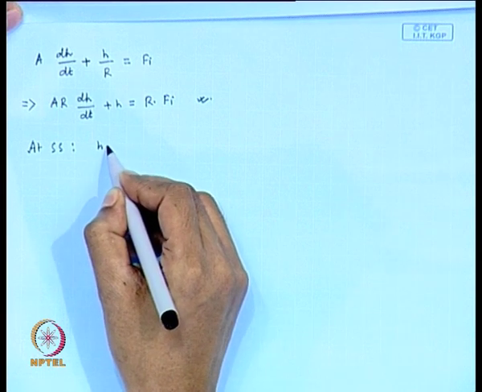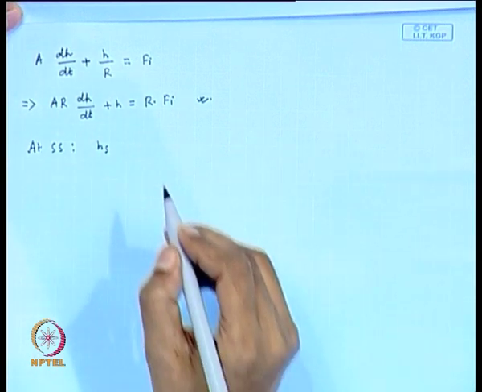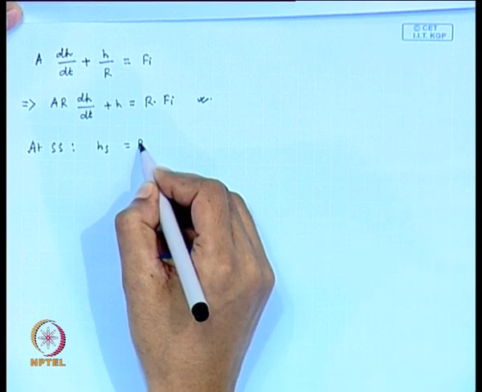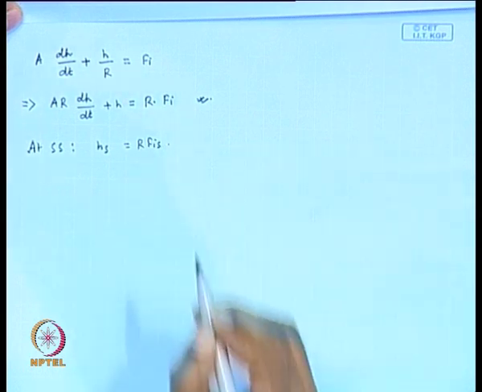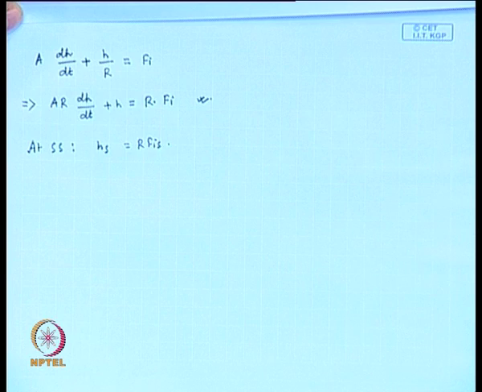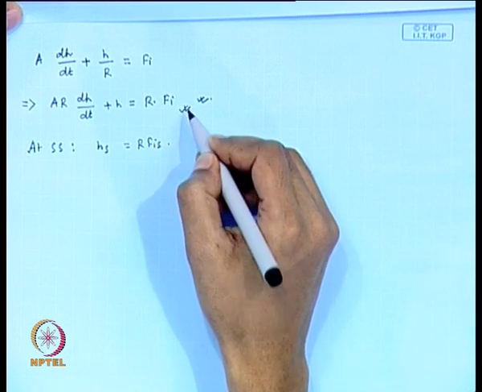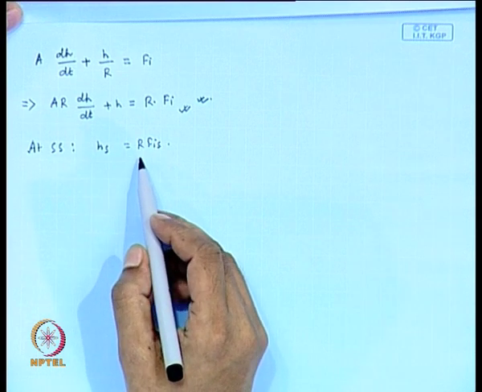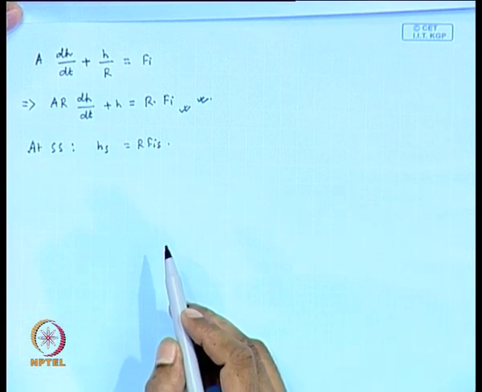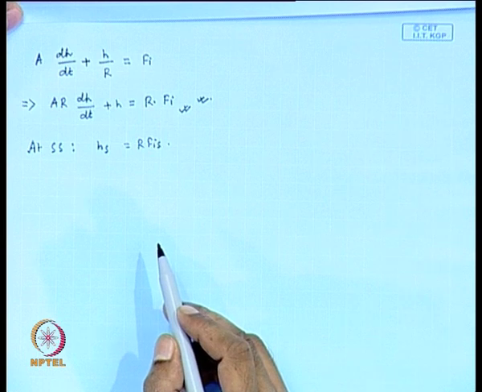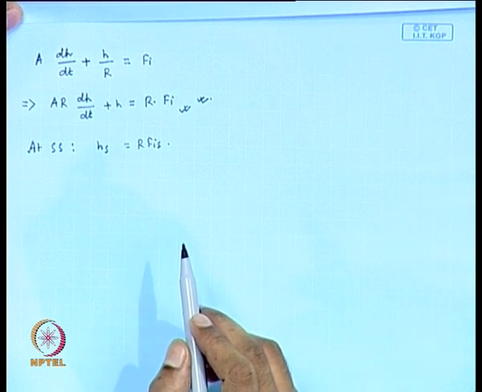It will be Hs equal to R Fis. At steady state condition, this modeling equation becomes Hs equal to R Fis. We are using suffix s to represent the steady state.